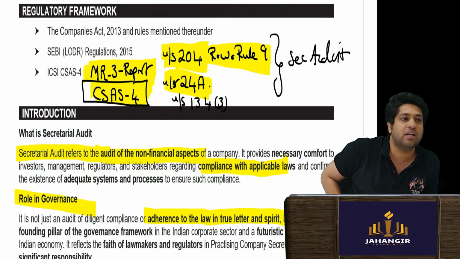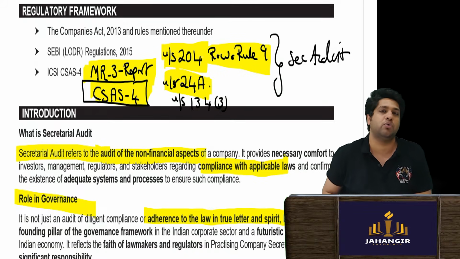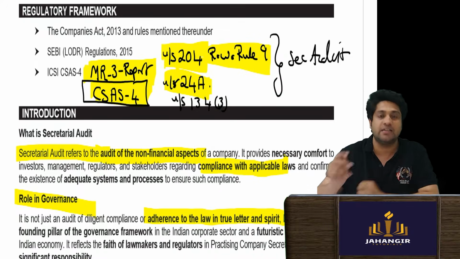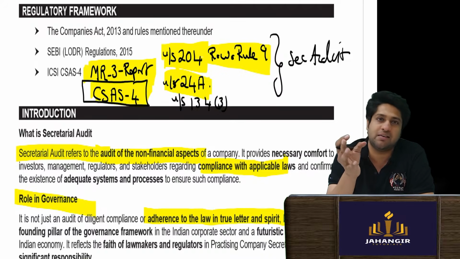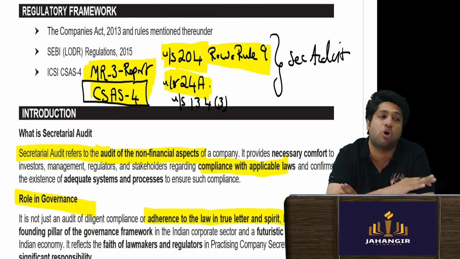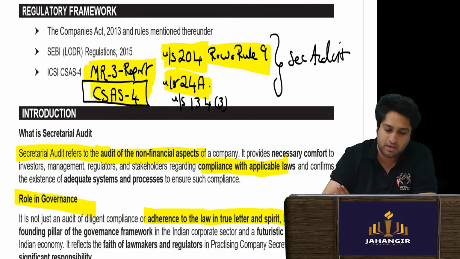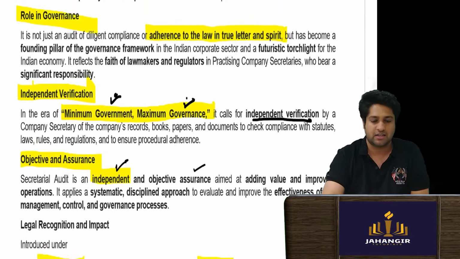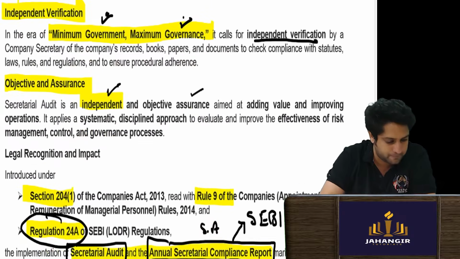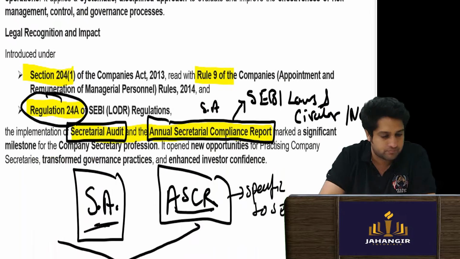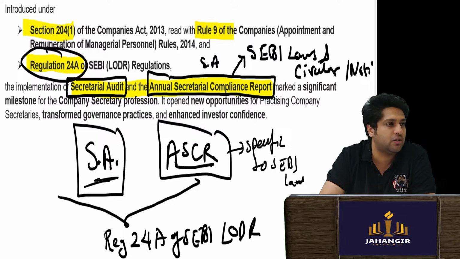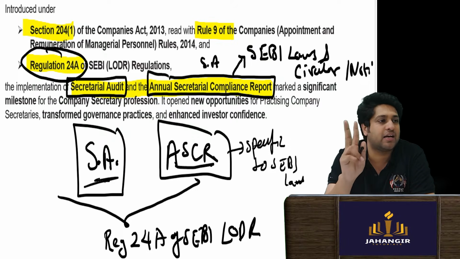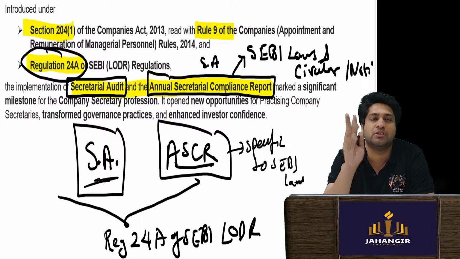Then your Regulation 24A, as I told you, always forms a part of the board report. And in secretarial audit, we check the non-financial aspects, about all the laws, compliance with the laws, and we check whether the laws are followed in letter and in true spirit or not. 24A talks about secretarial audit and the annual secretarial compliance report.